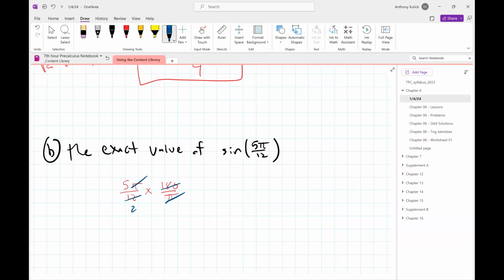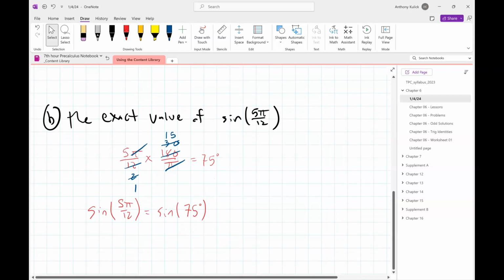There's a 6 that can go into 180 and also into 12. And then a 2 that can go into 2 and 30. So I'm left with just 5 times 15, which is 75. So sine of 5 pi over 12 is the same thing as sine of 75.